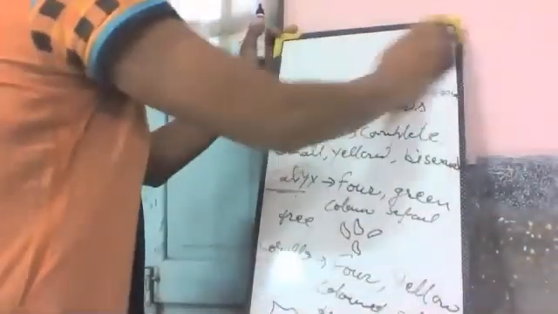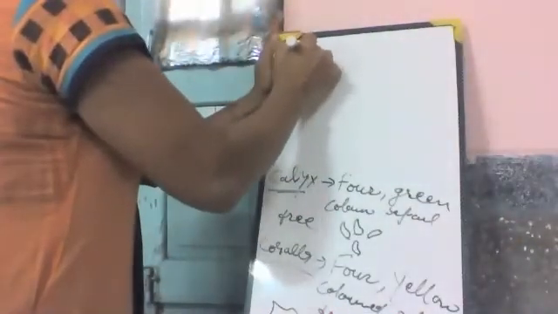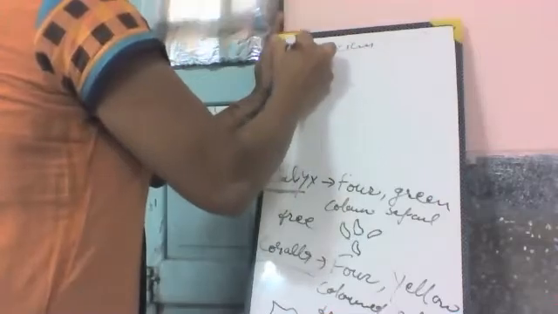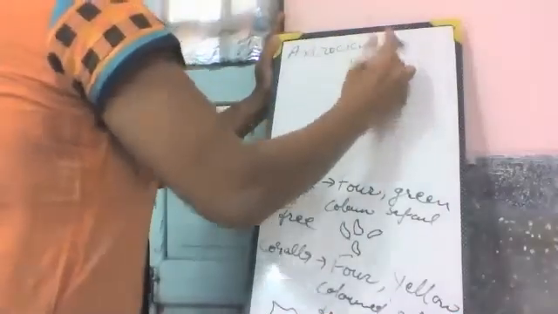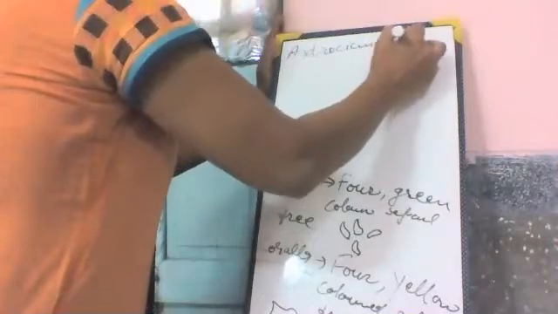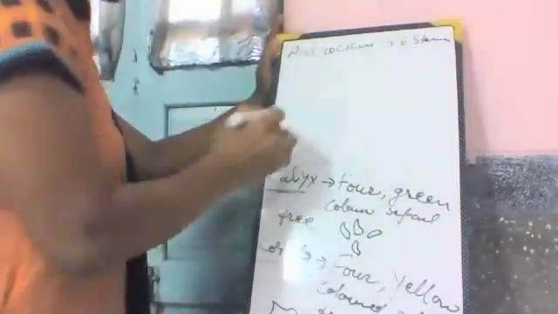Now have a look at the androecium and gynoecium. Androecium consists of 6 stamens.